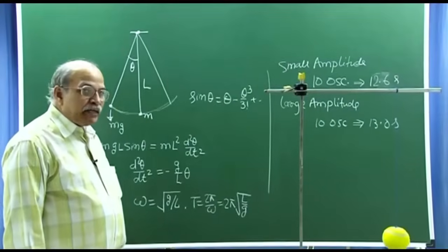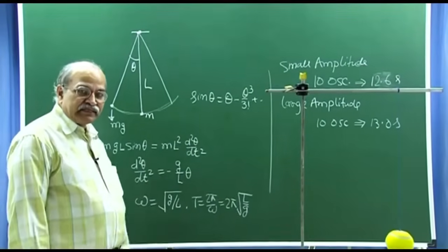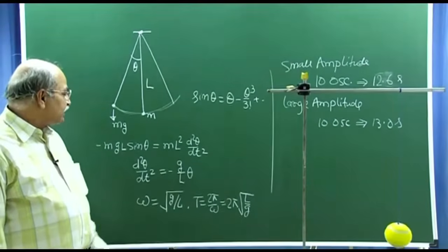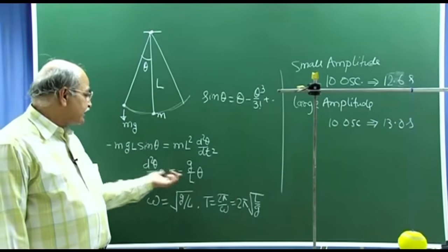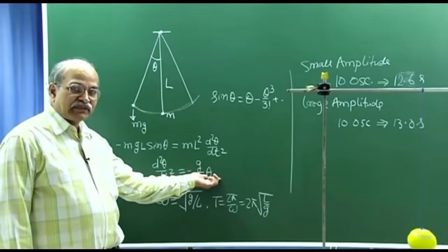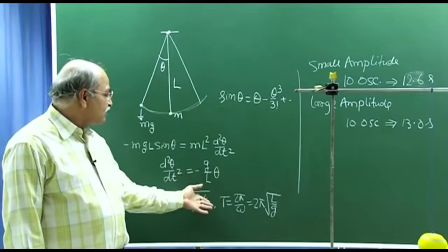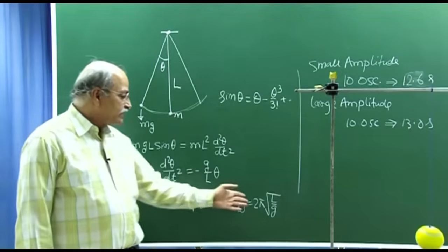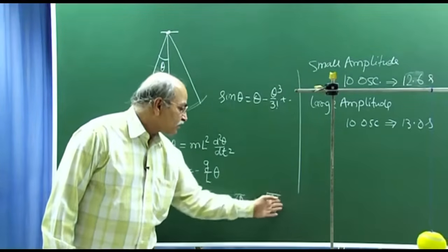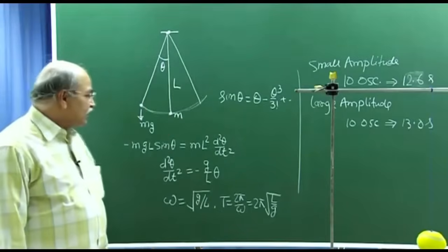So if you do a proper mathematical analysis without making the approximation that sin theta is the same as theta, you can get an expression for the time period which is a better representation.